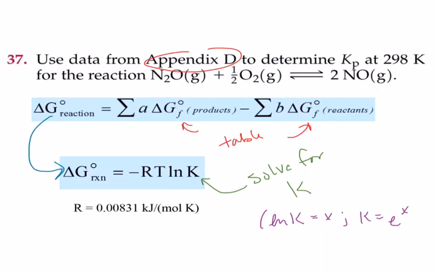Once you get G, then you're ready to knock it in to go for K. The thing that's throwing me off a little bit is it's KP, not KC. Appendix D has KP instead of KC values, so I don't know. That might be harder, because remember you can go from KC to KP. So I don't know. Okay.